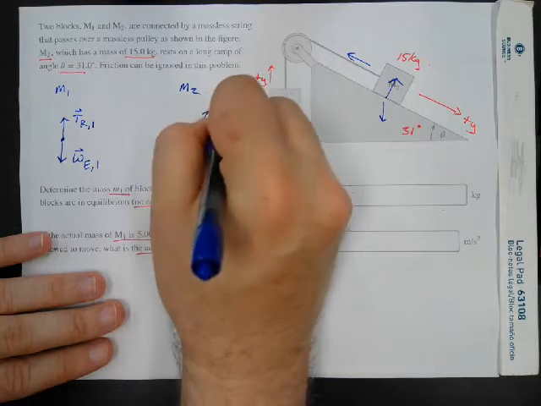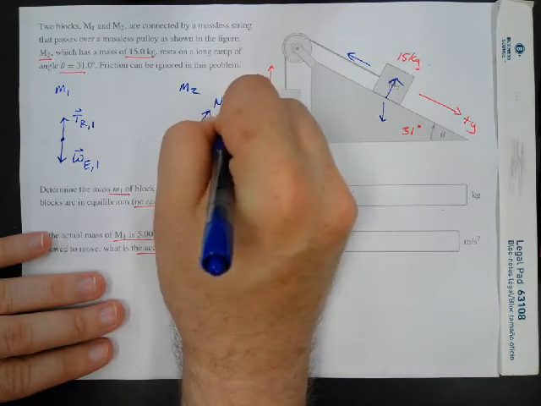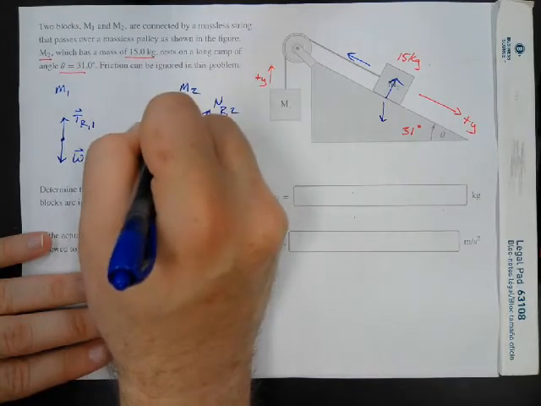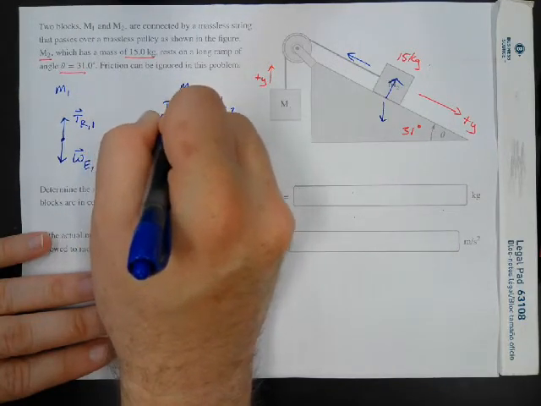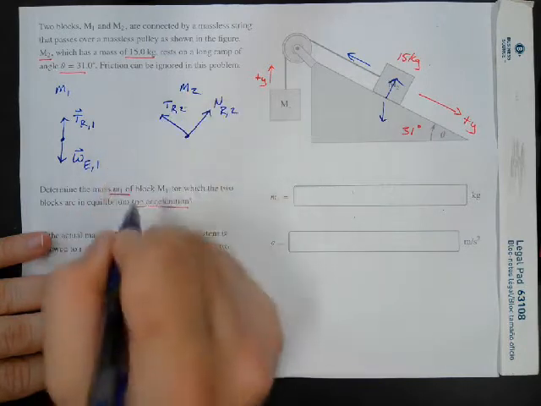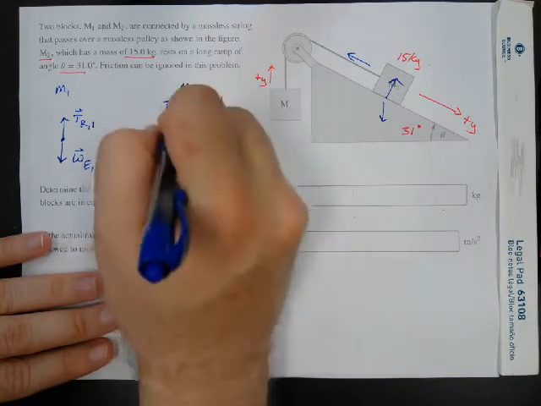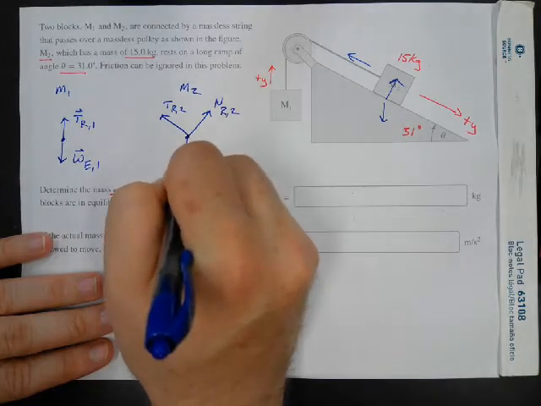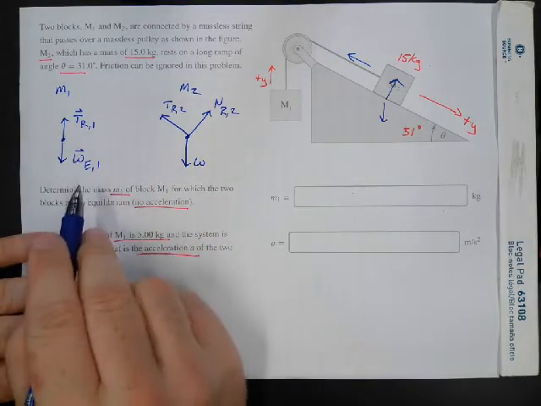I will say it's by the ramp on block 2. There is a tension force by the rope on block 2. And there is a weight force, which should be a bit larger than this one.